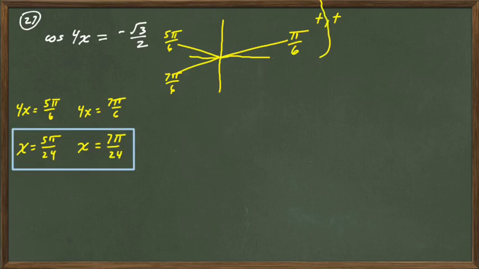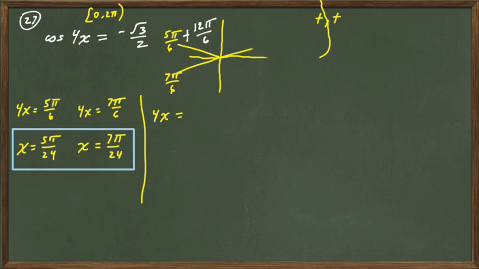Now we got to keep going because I got to go bigger between 0 and 2 pi on this one. So if I added 2 pi to 5/6, if I added 12/6 to 5/6, what would that make it? Would that be 17/6?